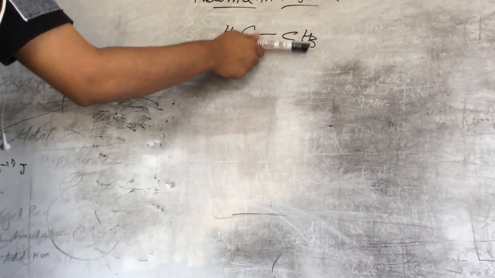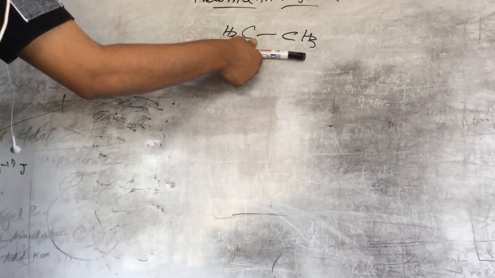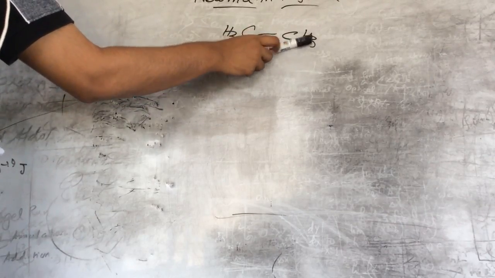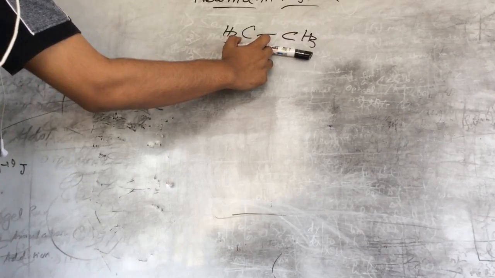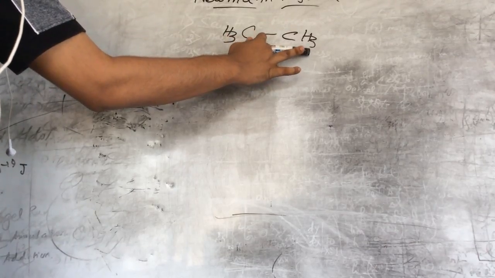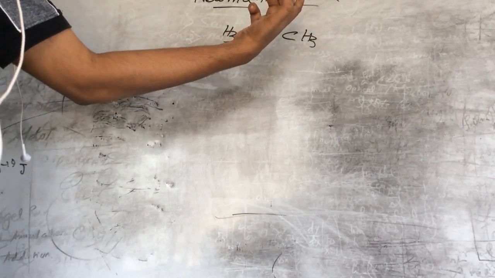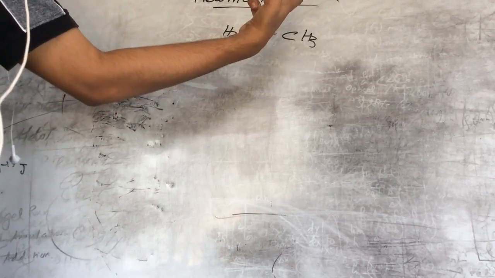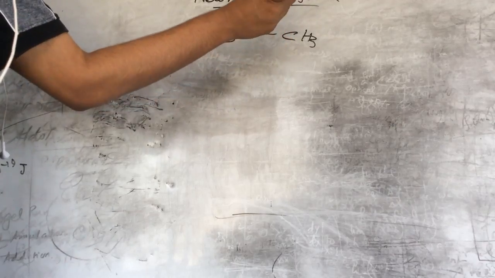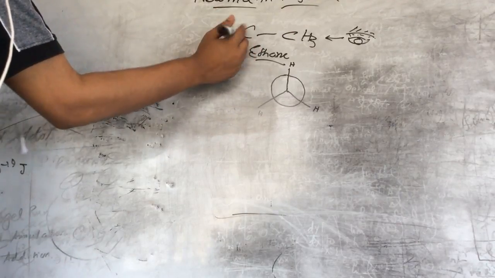Suppose this pen represents this molecule. So you have two carbons, one at the tip and another at the back. So you can view along this side, or you can view along this.